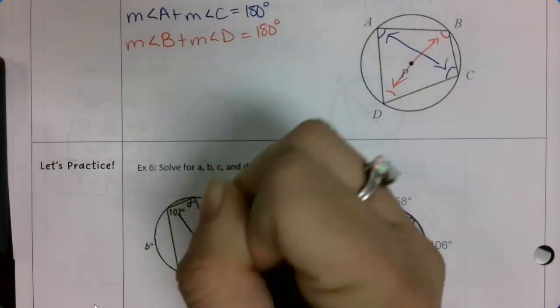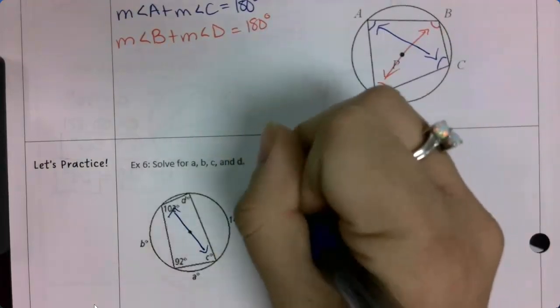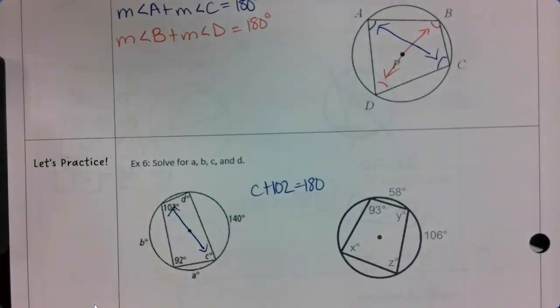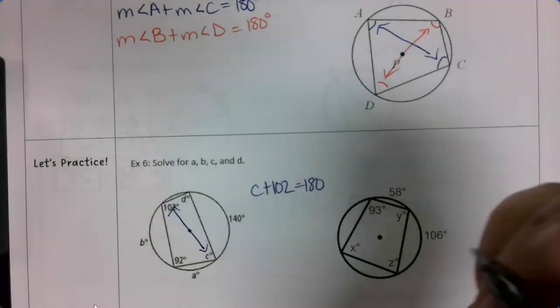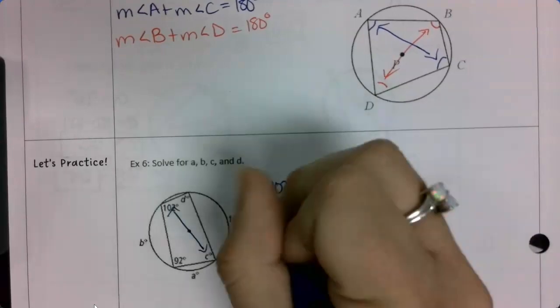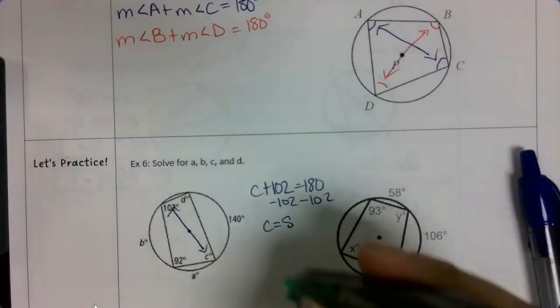C should be added to 108, or not 108, 102, and it should equal 180. I go ahead and subtract 102 on both sides. I get C equals 78.